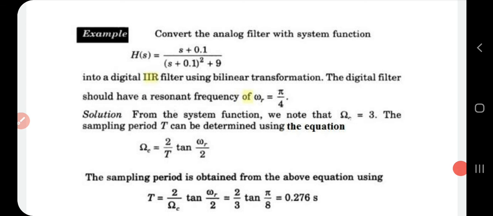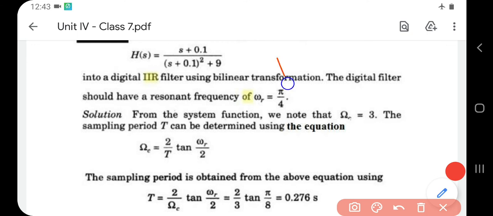When you are studying this problem, you can just go through. Here the system function or transfer function of the analog system H of s is given, and you have to find the transfer function, that is H of z, in the digital system. That's your aim. For that you have a formula, which you have to study. Omega r, the resonant frequency, is given in the question as pi by 4. Also, you have to find the sampling period. There is a formula for this.